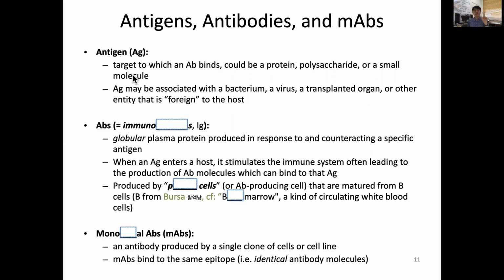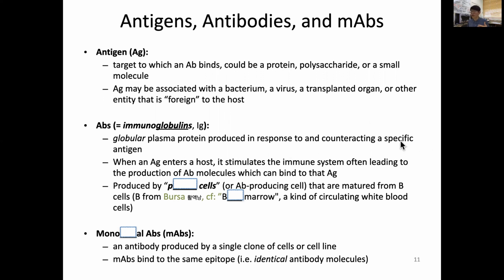The specific molecule which our immune system produces is an antibody, and its shape is that of a globular protein. That's why antibodies are also called immunoglobulins, or simply written Ig. Antibodies are globular plasma proteins, which are produced in response to and counteract a specific antigen.